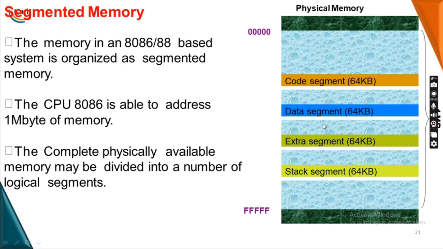Both are the same, but here the data will be stored up to 64 kilobytes. If we have more data, we can use the extra segment also. So the data segment followed by the extra segment, both are useful for storing the data.